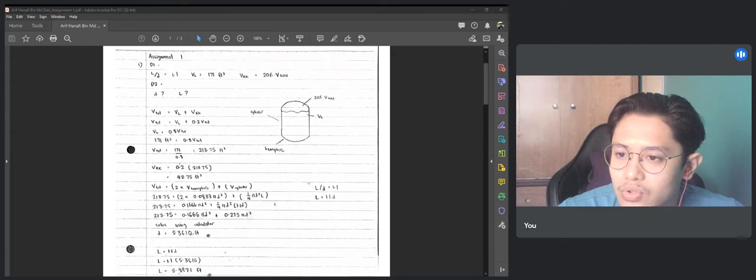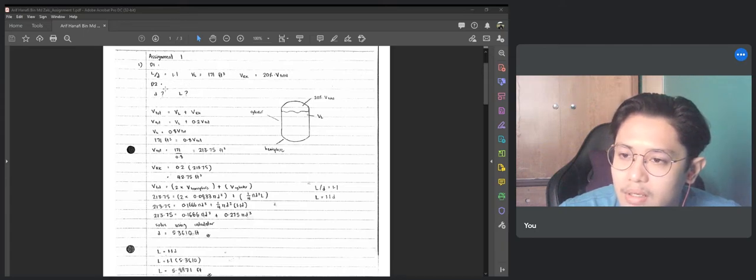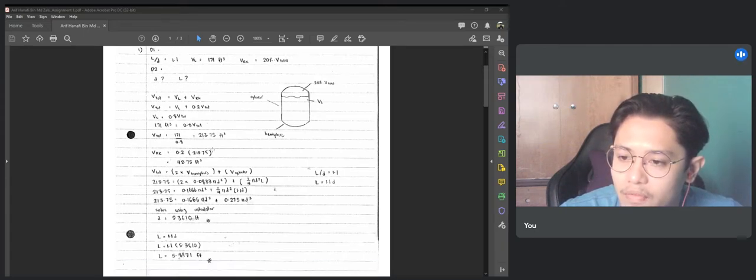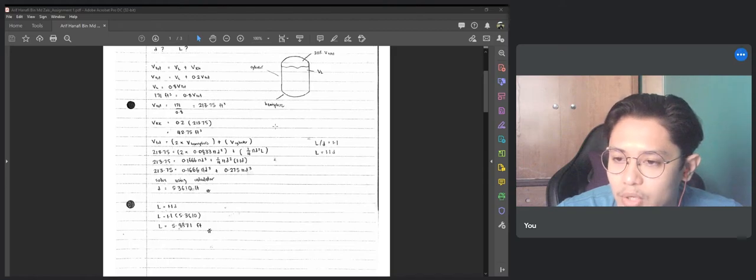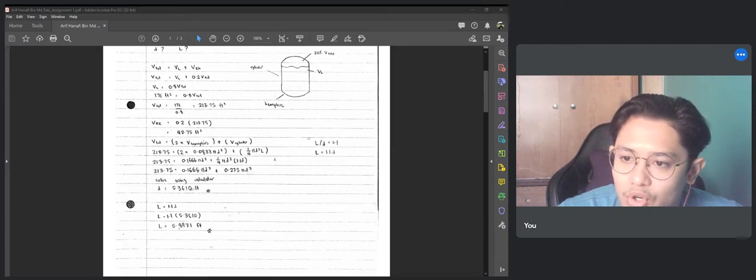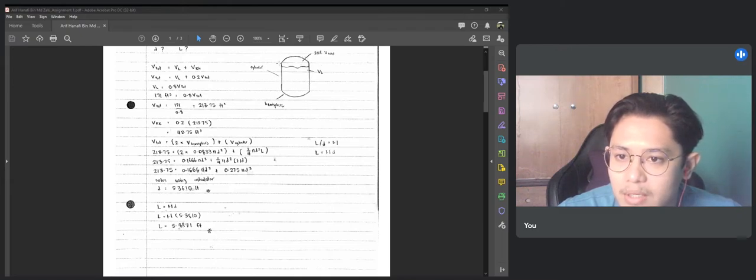After we have the volume total, we can determine the diameter and the length of the tank using the formula where the bottom and the top cover are hemispheres. So 2 times volume of hemisphere plus volume of cylinder at the middle.